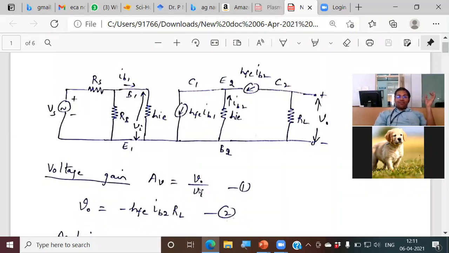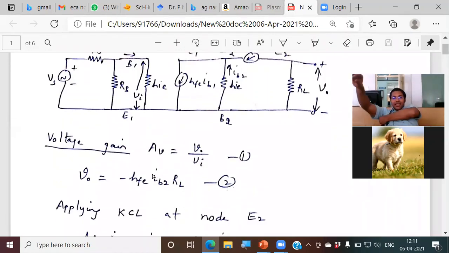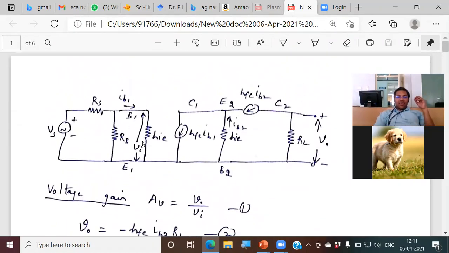Next, let us go for Vi. When I get the expression, if I can cancel out the common term, for example IB2, then I will get an expression. Let us see what I will get if I take Vi. Vi is simply the voltage across HIE. So by Ohm's law, what is Vi? Easy question.